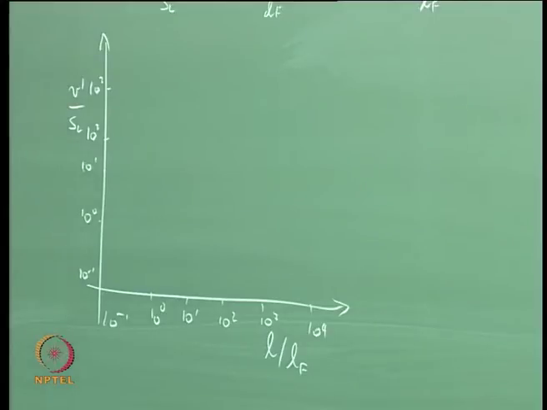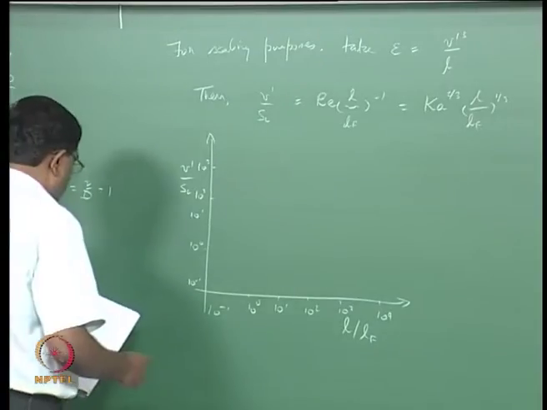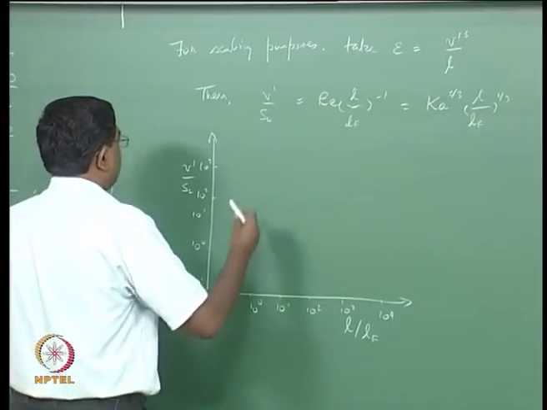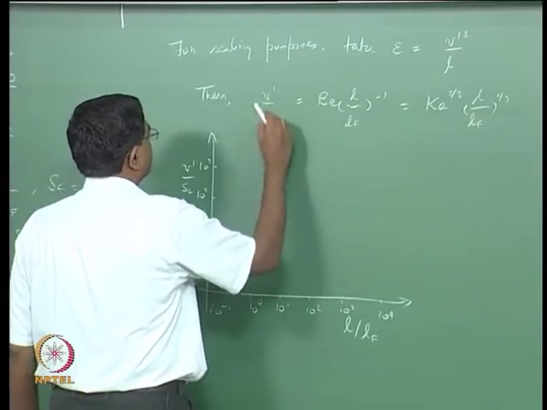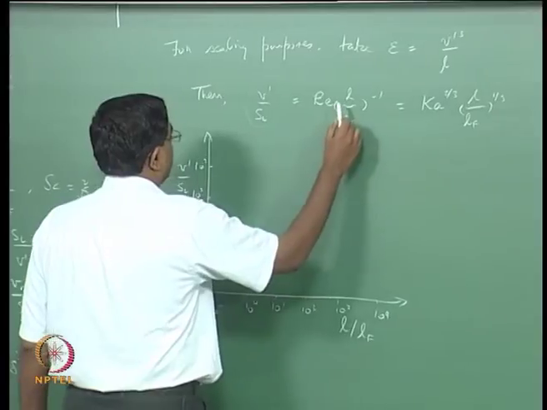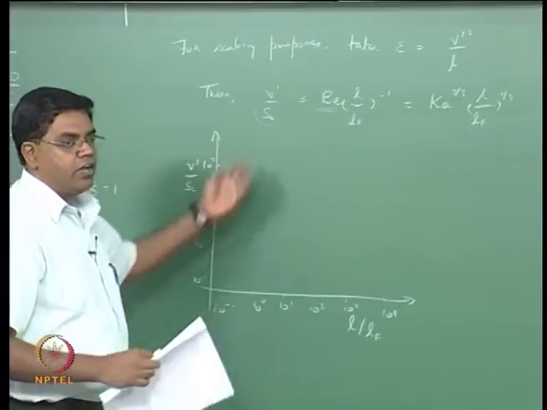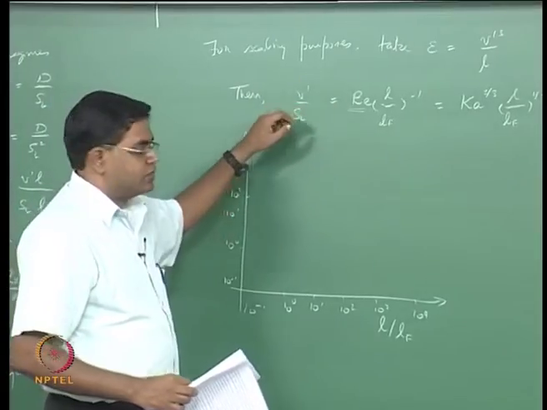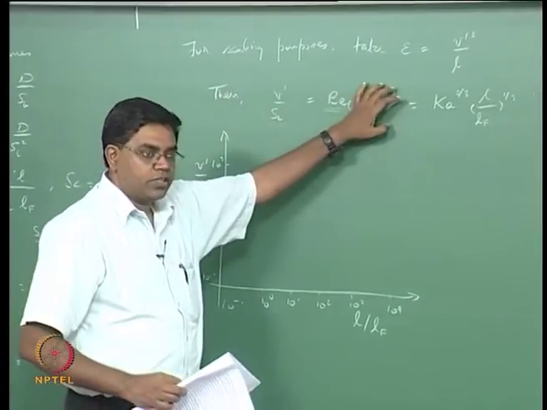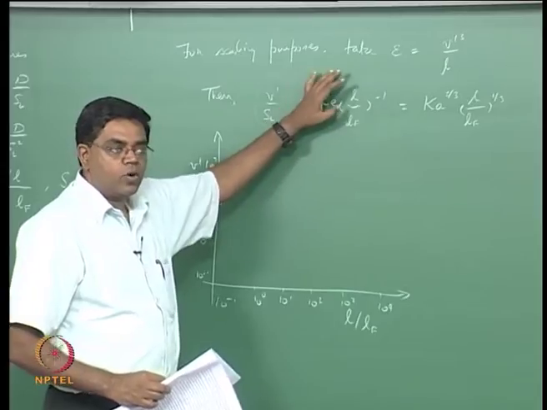What we want to point out here is that the relationship between V prime over SL and L over LF through the Reynolds number is an inverse relationship. That is, this goes as 1 over that, with the Reynolds number as a coefficient.